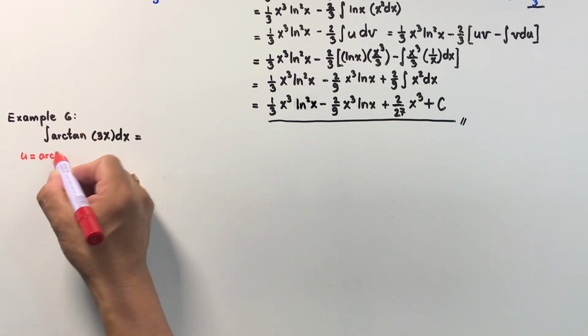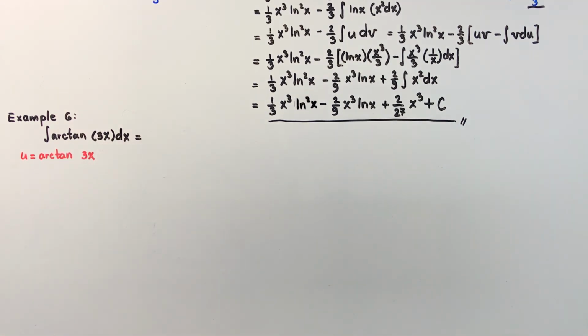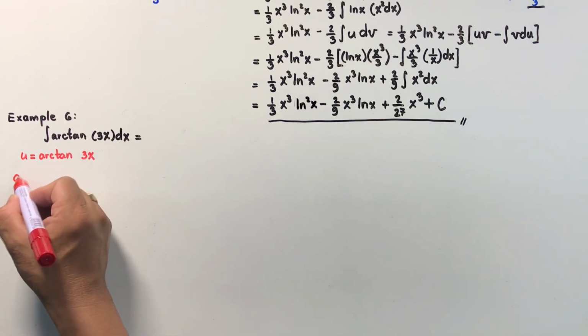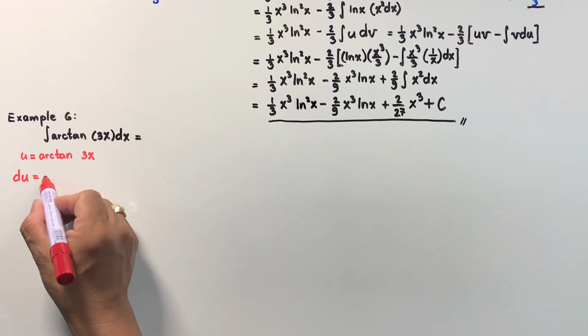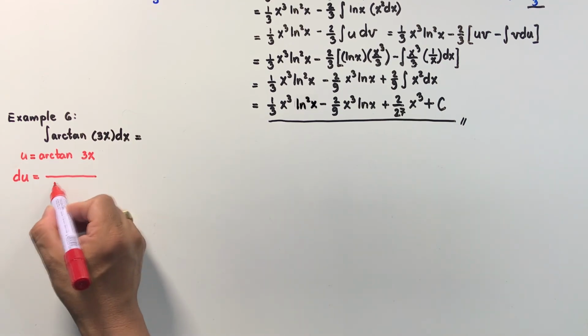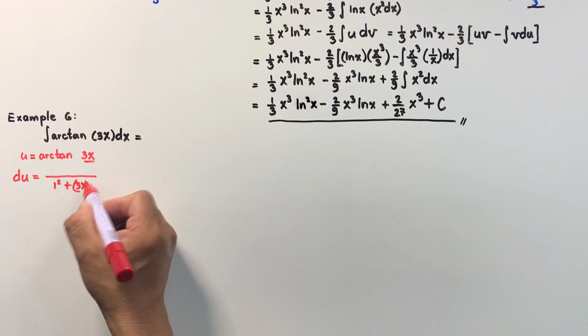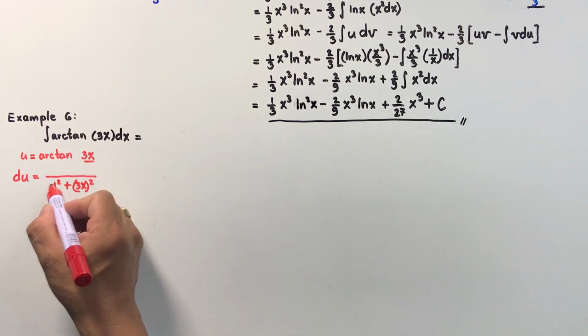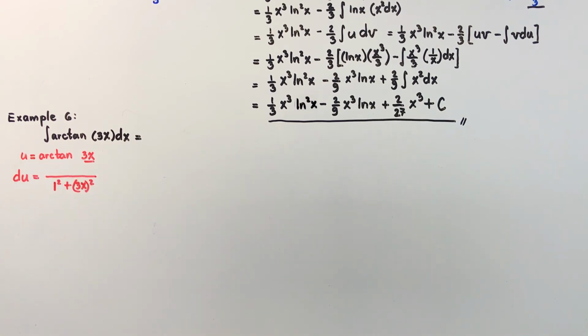to arctangent of 3x. And you can recall that the derivative of arctangent is just the square of 1 and the square of 3x here. And where did I get the 1? The 1 is the coefficient of arctangent here.